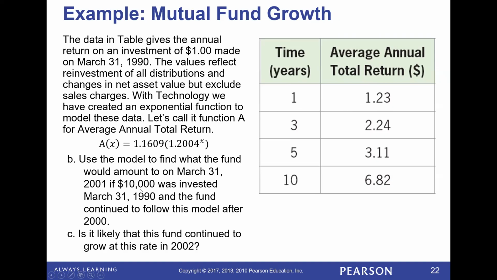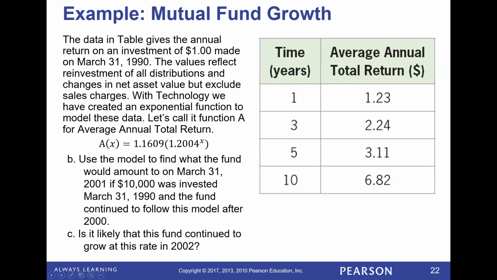So use the model to find what the fund amount would be on March 31st if $10,000 was invested at the original beginning. How in the world do I figure that out? Well, let's think about it. If this was originally $1, after 1 year, I got $1.23. So if I put in $10,000, this would actually correlate to that difference.